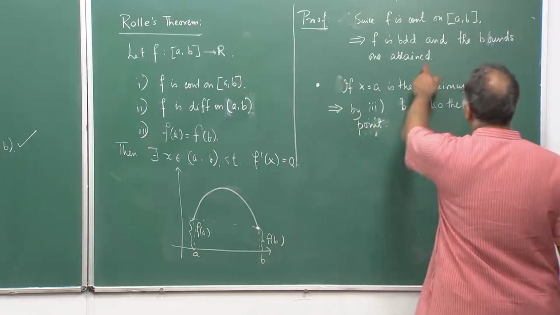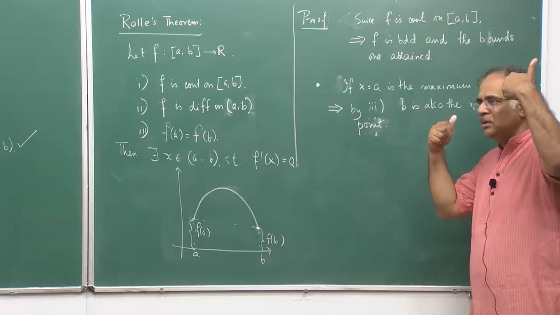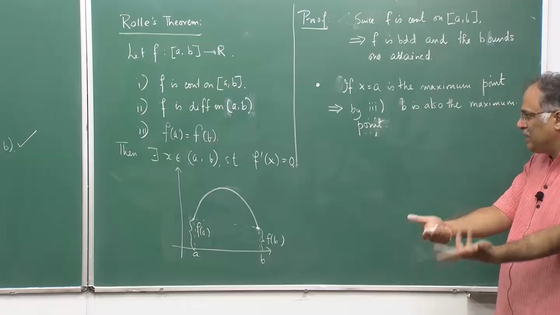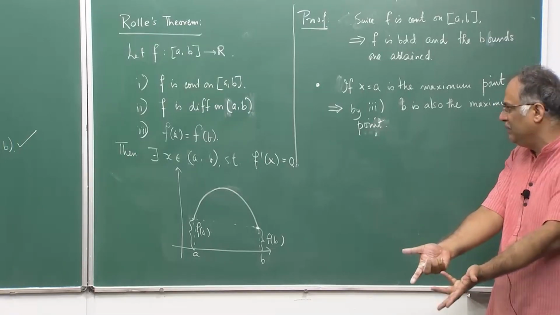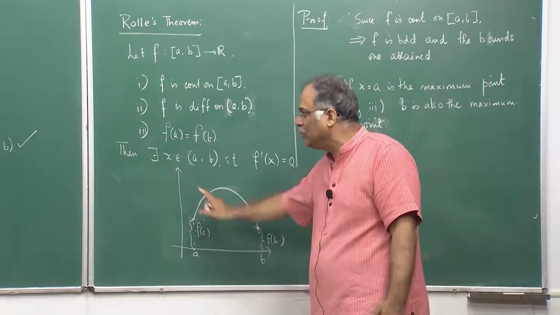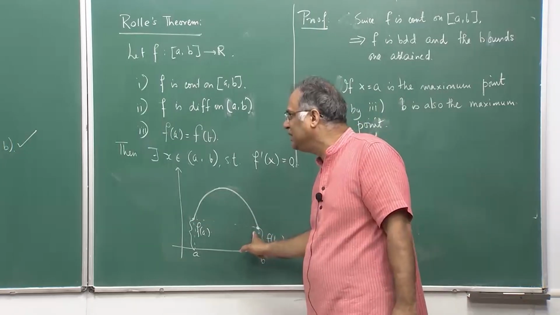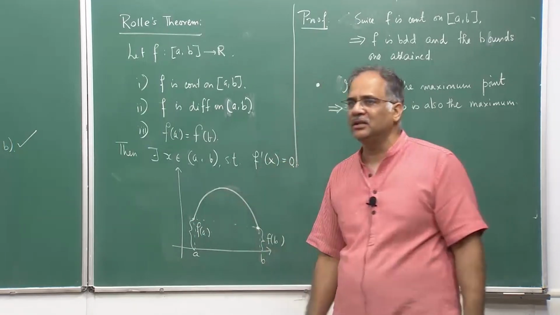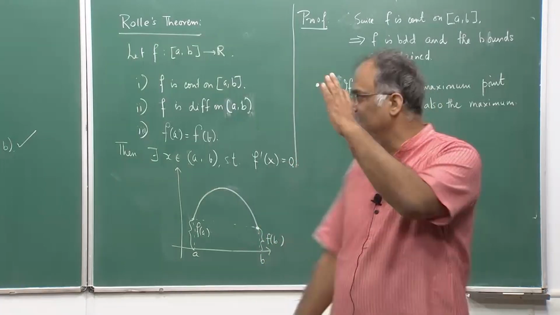But as you know, because the bounds are attained, there must be a minimum value also of the function. There must be an x at which the function attains the minimum value, but then that x cannot lie at either a or b, it has to lie at some point in between.